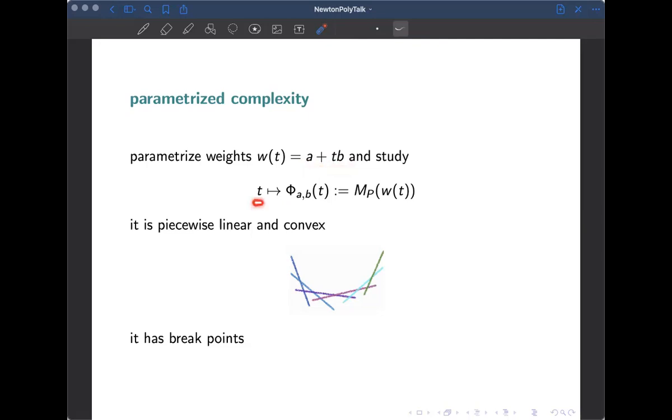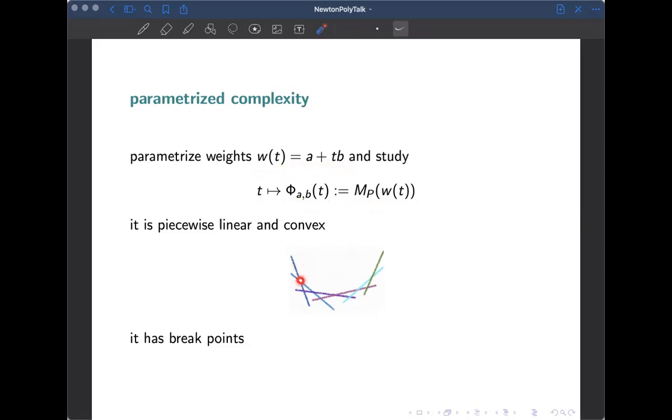Now for every T, there is the maximum over the polytope of this linear function depending on the weight at time T. And I denote this function by phi of A, B, A and B at time T. So we have a one-dimensional space of weights. From it, we get a function from the reals to the reals. Because this is a maximization over a convex polytope, this function phi of AB is piecewise linear and convex.